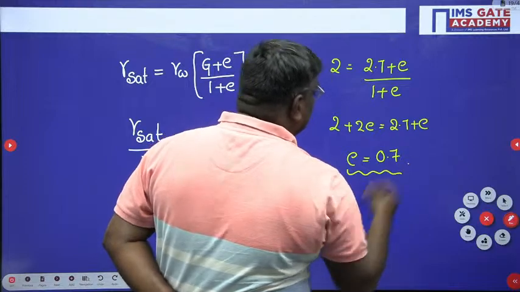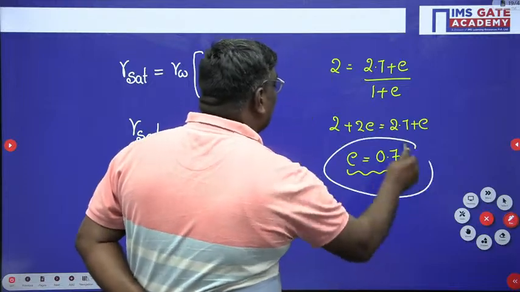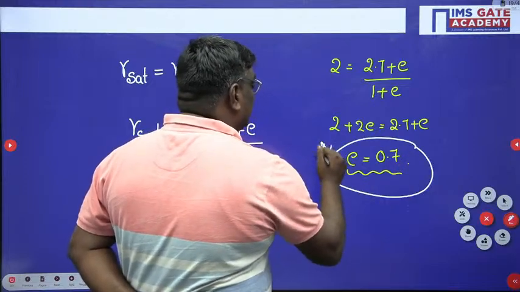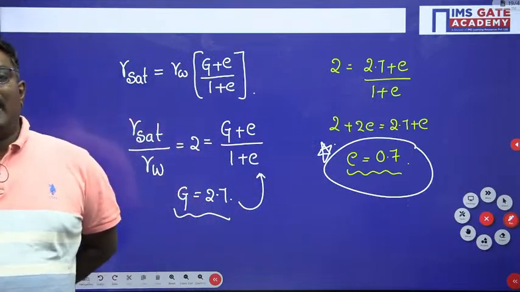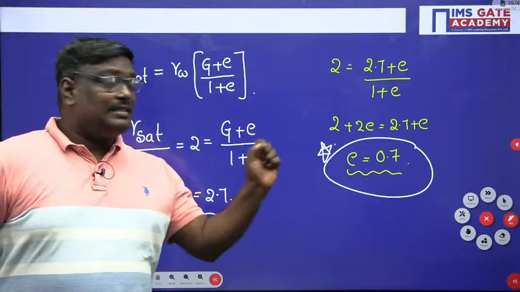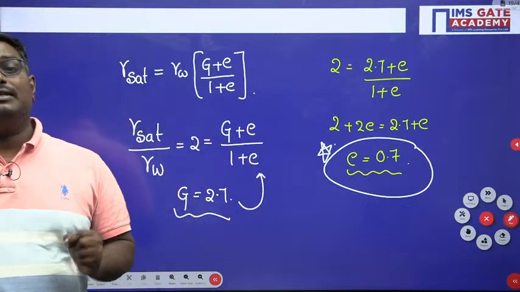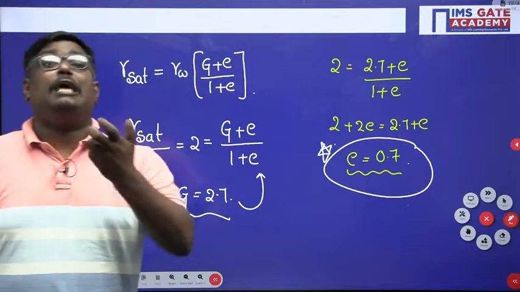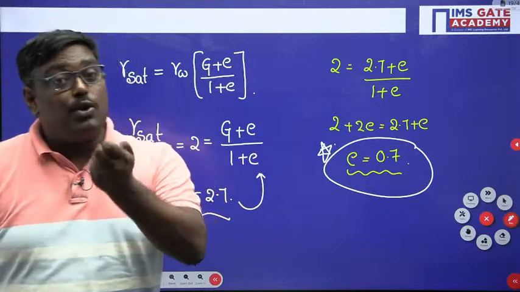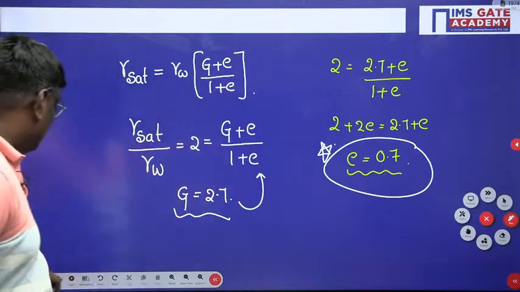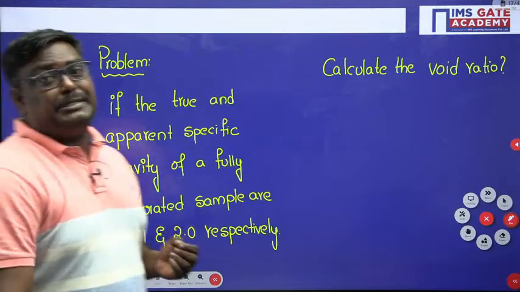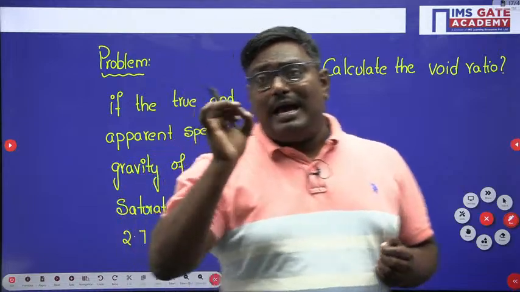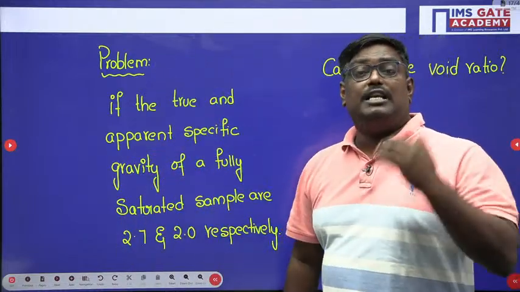Here this is very, very important. The void ratio is 0.7. I hope you are clear. The problem is very simple, but you should be aware of the approach. As we are in the initial stages, please give high importance to reading the question in the GATE exam.